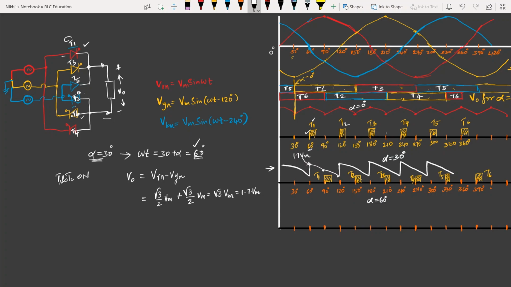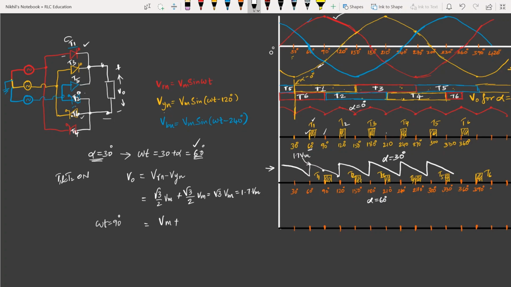Now at 90 degrees, after T1, what are the thyristors that are conducting? T1 and T6 are conducting at 90 degrees also, because at 90 degrees the R phase is still the highest and the Y phase has already been negative for a long time. So it will continue to be negative. So the output voltage at omega t equal to 90 degrees: Vm sin 90 will be Vm.